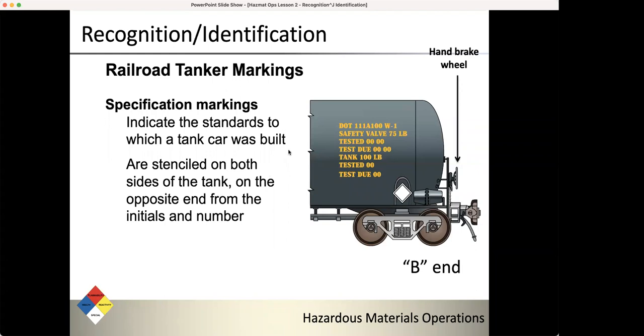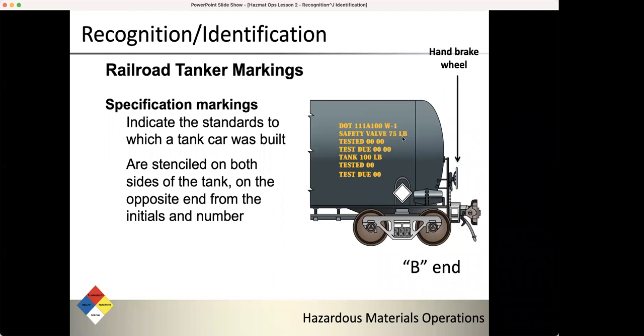Specification markings indicate the standard to which the rail car is built. So like right here, DOT A100 W1 is the standard to which this was constructed. They're on both sides of the tank, opposite end from the initials or the reporting marks. Also tells you what the safety valve is set to. So if this is a non-pressure rail car, which can hold up to 100 PSI, typically the pressure relief valve, PRV, is set to 75.